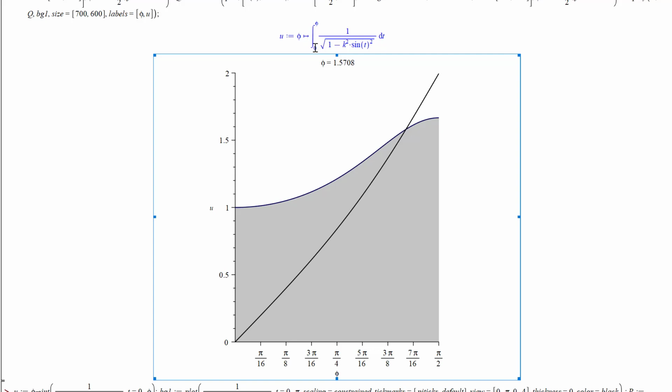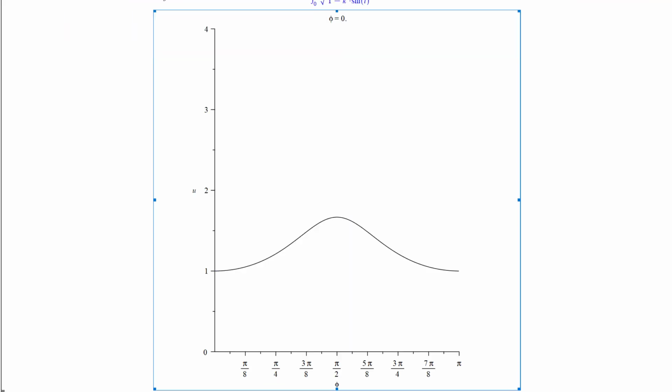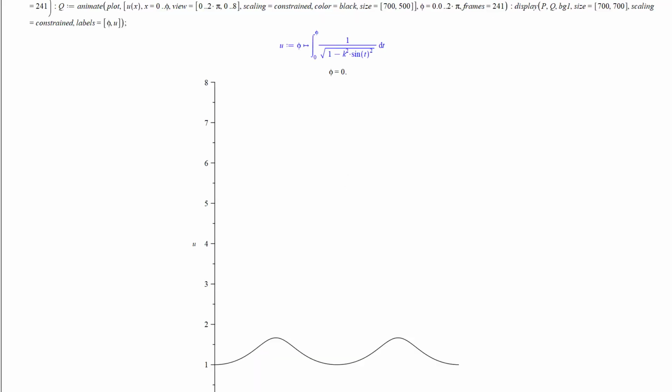So u is the integral from 0 to phi, 1 over square root of 1 minus k squared sine squared t dt. And we can kind of see, if I integrate from 0 to pi over 2, I'll get the same area under the curve if I then go from pi over 2 to pi. But anyway, so this is u in terms of phi from 0 to pi. And just to beat it to death, I'll go 0 to 2 pi.